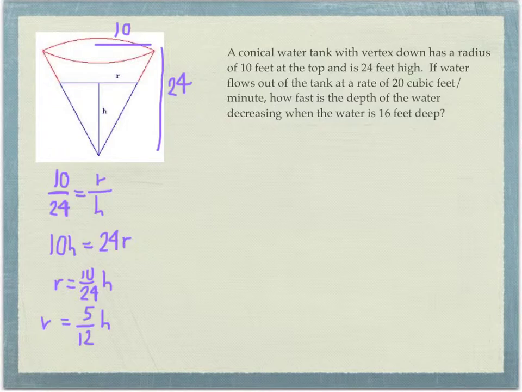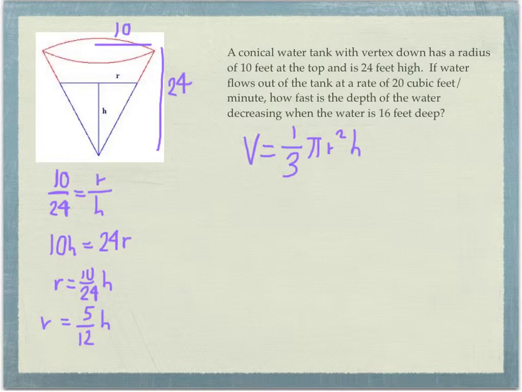Now the equation we're going to use here, because we are doing a volume type thing, this is the volume of the tank. You might remember, I'm going to tell you right now, here's the volume of a cone, 1/3 pi r squared times h. Now notice we really have three different variables here. We have V and r and h.